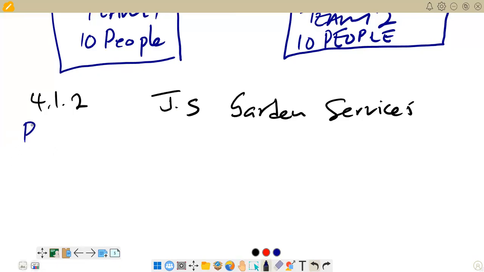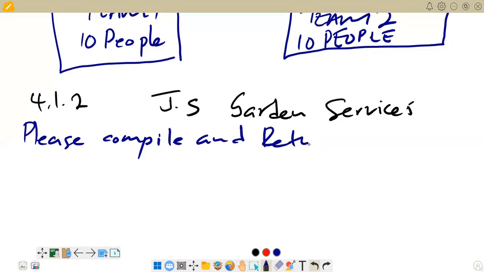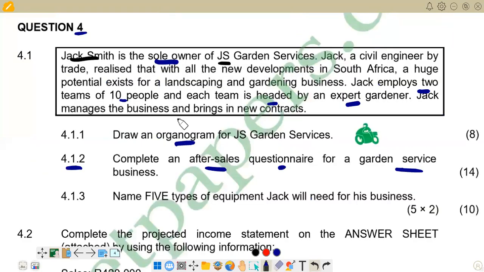We can just write, please compile and return to our office. We can check if we are given anything in terms of where this office is located. We don't have it, so we can just put any address there that you think can be correct.